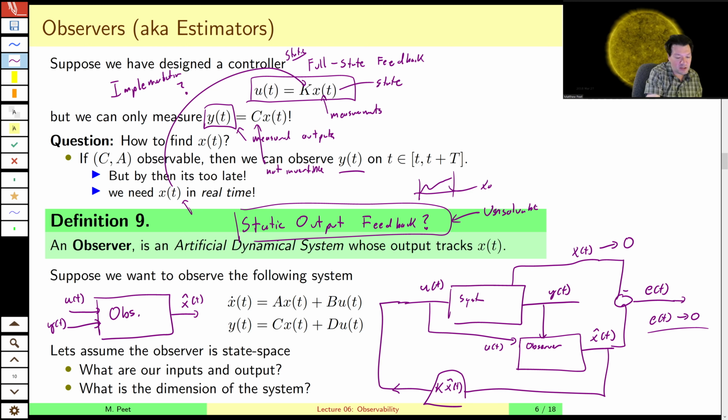That would be the case where we have these measurements y, and we want our u of t to be a static function of those measurements. That problem is unsolvable, so we have to put some dynamics inside of our observer in order to make this problem tractable. So what kind of dynamics are we going to put in there?